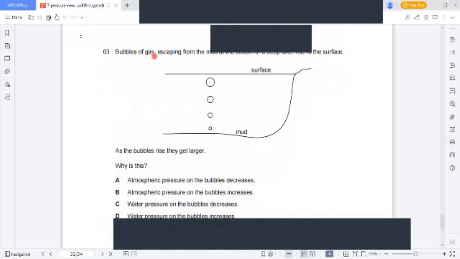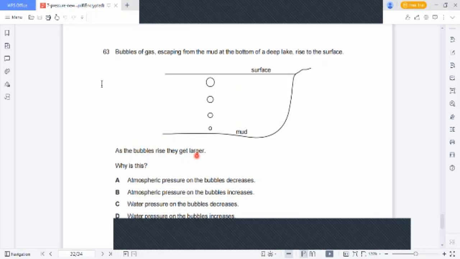Bubbles of gas escaping from the mud at the bottom of a deep lake rise to the surface. As the bubbles rise, they get larger. Why is this?